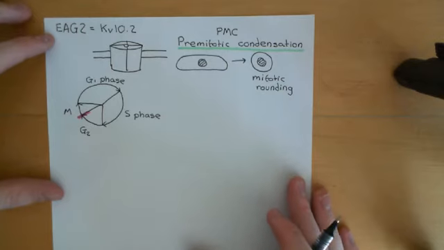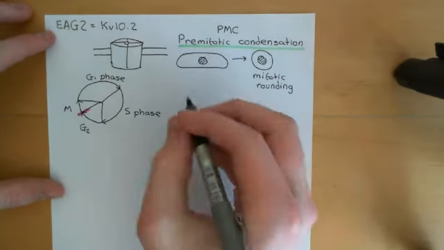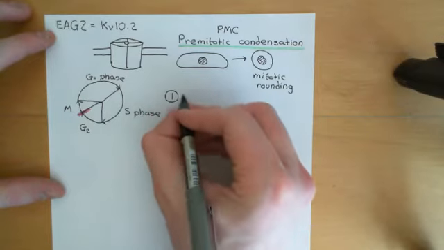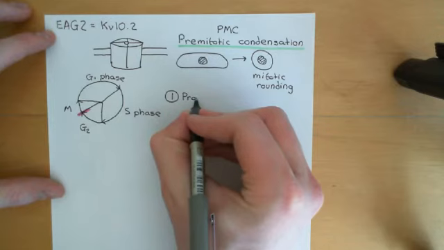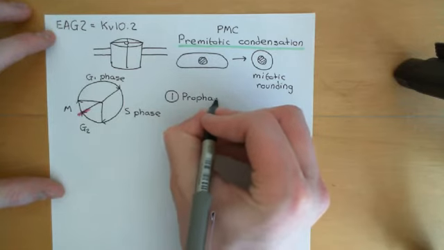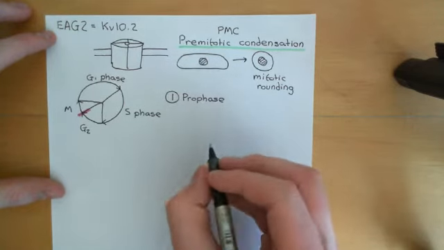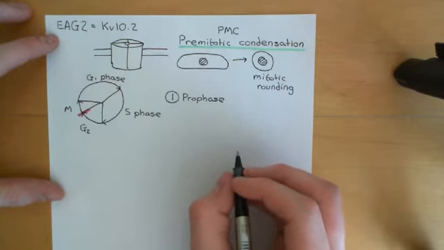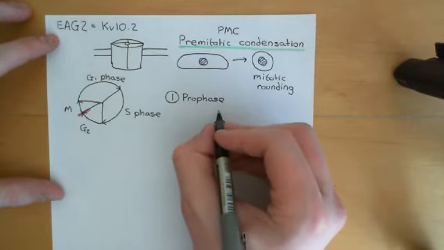So let's just talk about the stages of M phase of the cell cycle. The first stage within M phase is what's known as prophase. Stage 1 is prophase, and in prophase what begins to happen is the chromatin condenses into the actual chromosomes, so the chromosomes become visible. Let's show this.